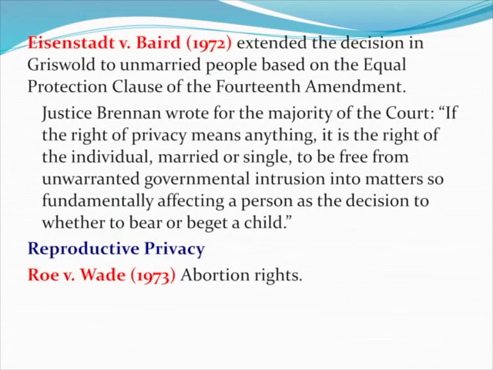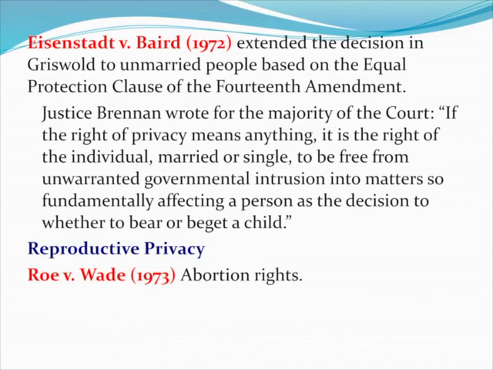Roe versus Wade is the most famous case and the most controversial case of the last 40 years or so. In fact, much of the Supreme Court controversy surrounded abortion rights between, let's say, 1973 and 2003. Those 30 years were intensely focused on the question of abortion.